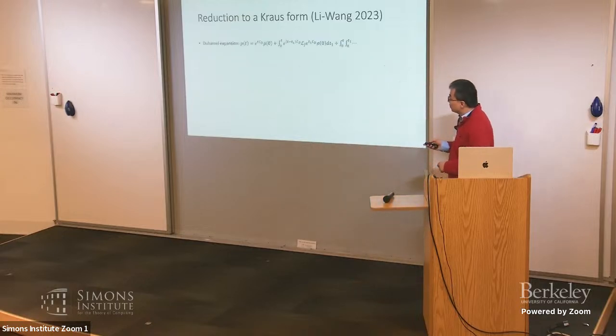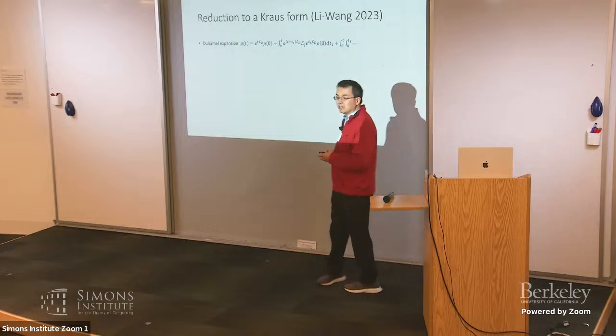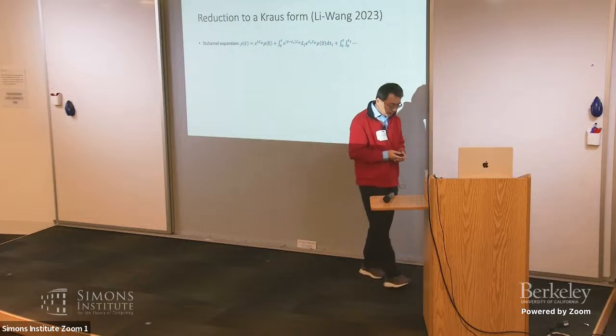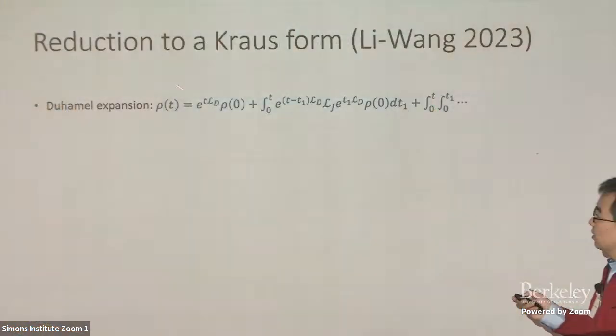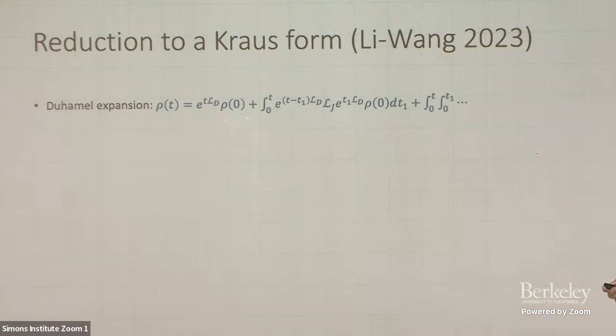So what made this simplification work is this Duhamel's expansion. I told you a few minutes ago that we can expand this density operator using Duhamel's principle into many, many terms, and you're going to see nested integrals. Overall, this gives you a closed form of the approximation.